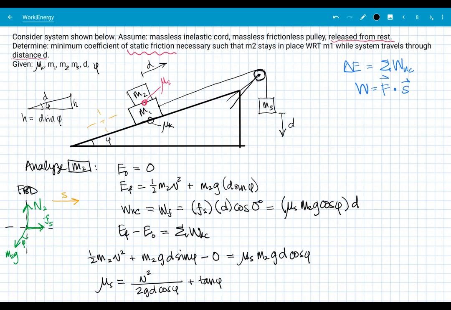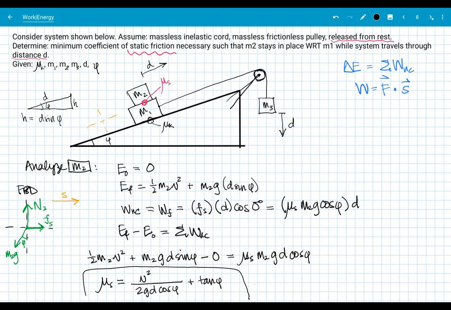In order to find that, hopefully I learned from previous problems that maybe I can look at the entire system now. And if I look at the entire system, that can simplify my analysis somewhat. So now I'm going to take this situation and apply energy analysis to the entire system.